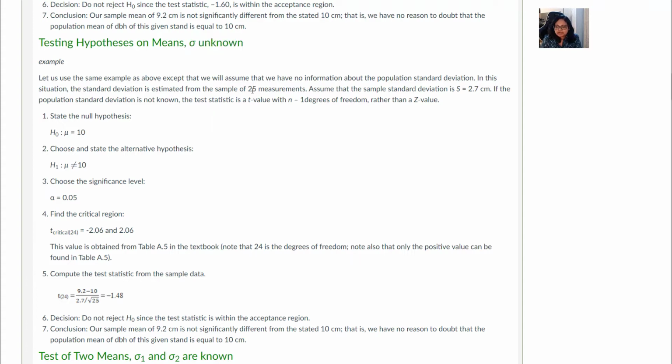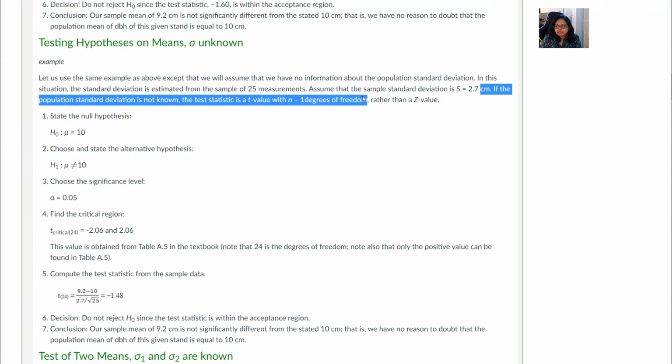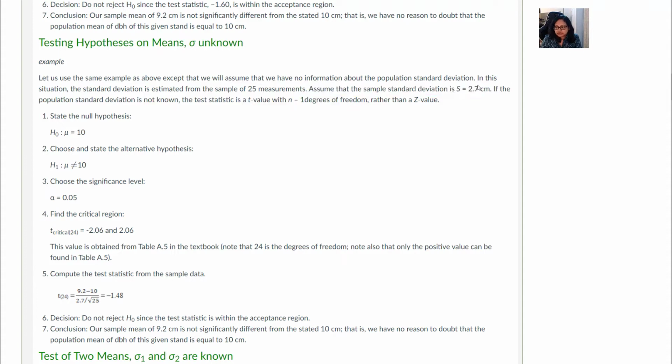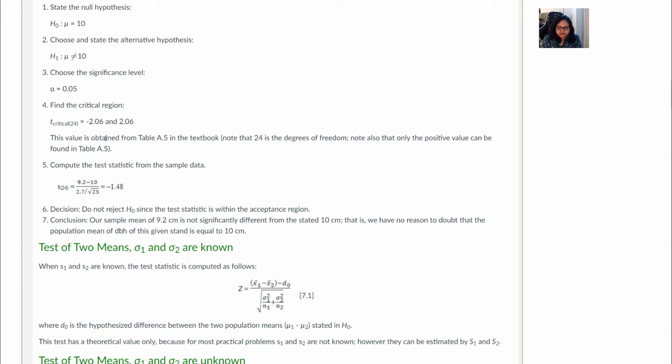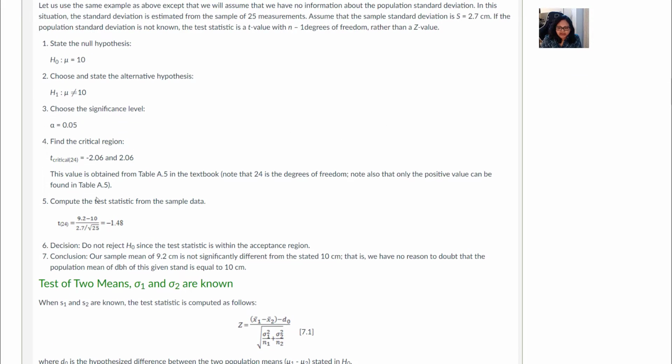And our sample size, you can see that it's small, and we do not know the population value. That means we are using this sample so that we can find the sample standard deviation. That's the difference. Everything is the same, only the difference is that we don't know the population value of the standard deviation, and then we use the sample.